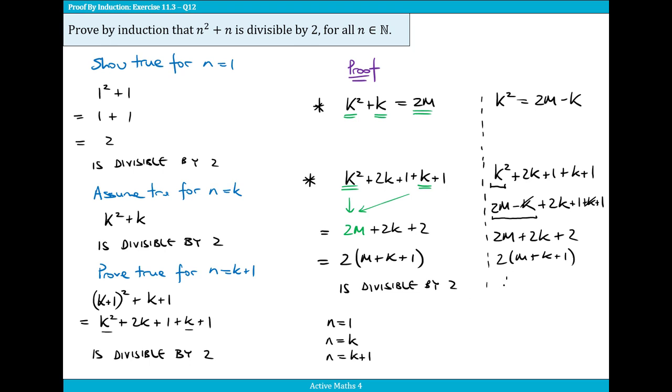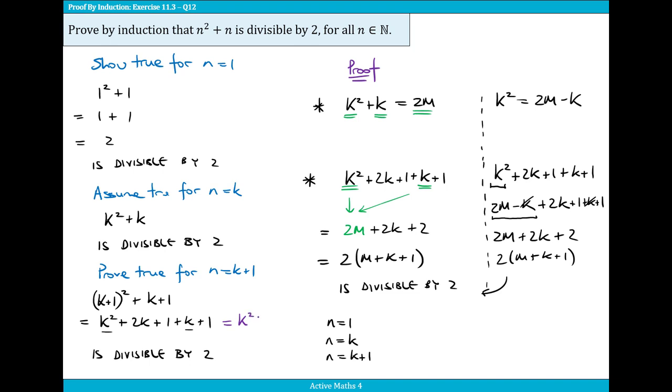That's clearly divisible by 2. So there are 2 different ways to finish it. When we take the assumption, we can either isolate one of the letters like I did on the right hand side and sub that into what I'm trying to prove, or I might spot that there's no need to isolate one of the letters and just sub it in as it is. Again, I could have written this in different ways.